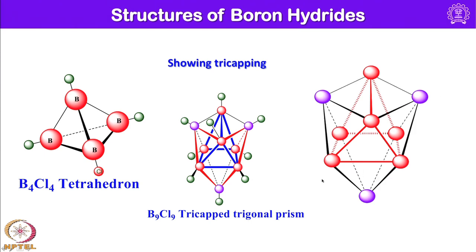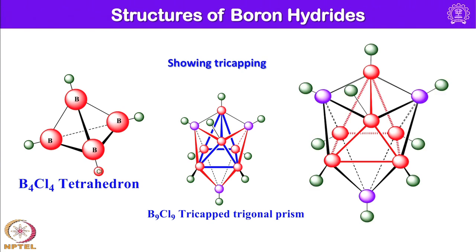So, this is the tricapped trigonal prism for 9 vertices, or having 9 boron atoms, and now you connect them with hydrogen atoms, or in this case chlorine. So, essentially you have 9 terminal BCl bonds or BH bonds.